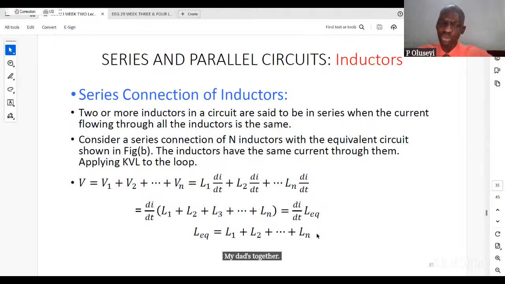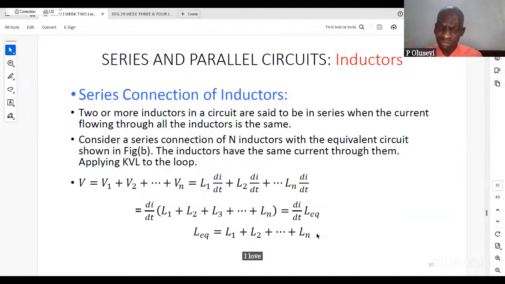So this is how you do series inductors. When you have inductors in series, you add all their values together.